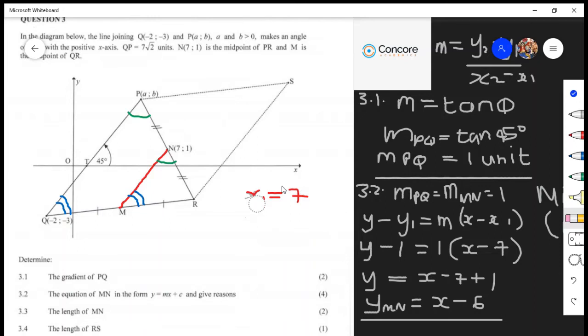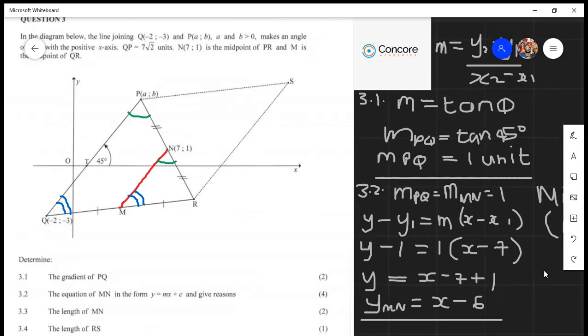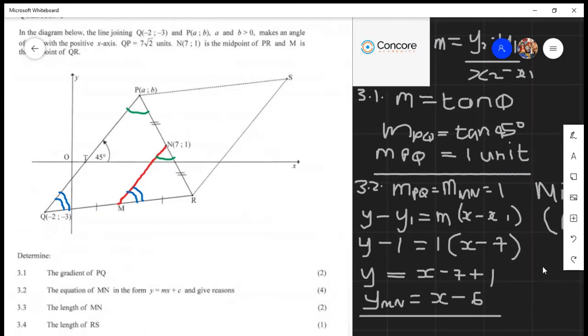So question 3.3. Question 3.3 wants us to calculate the length of line MN. So let me just clear this up. Did everyone take down question 3.1 and question 3.2 before I clear it up? Okay.